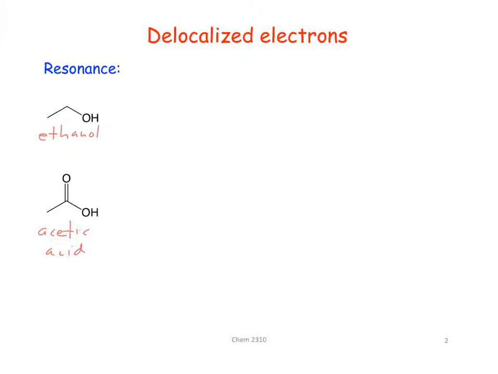So we've got a carboxylic acid versus an alcohol. If we consider their acid-base chemistry, we know that an acid will donate a proton to give its conjugate base, plus the proton.